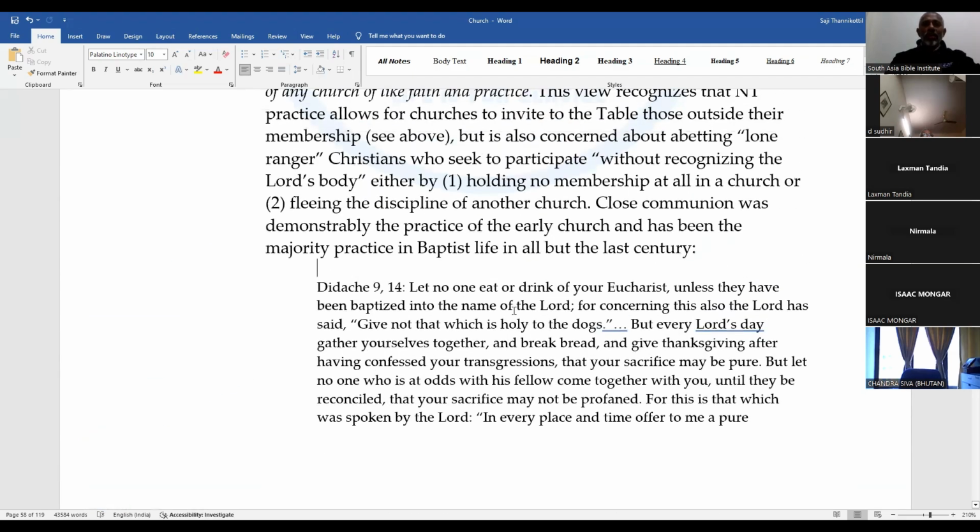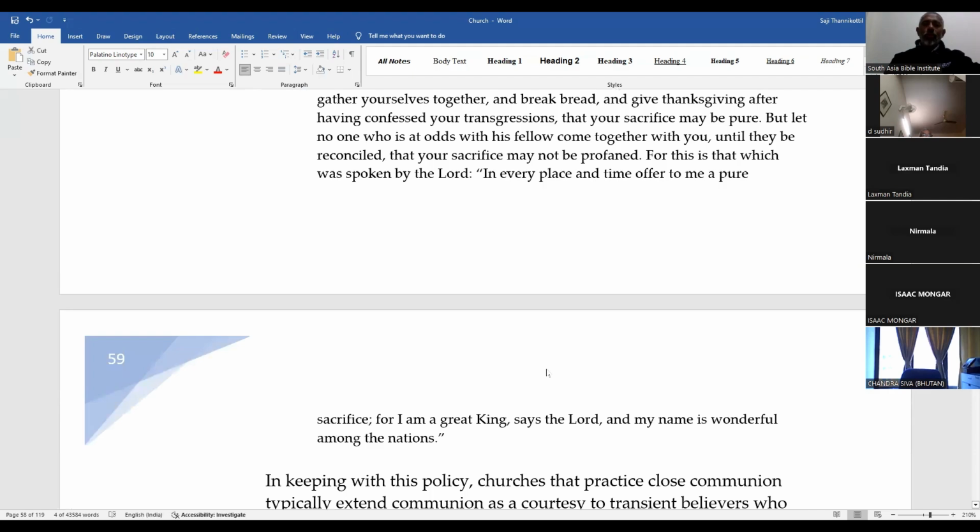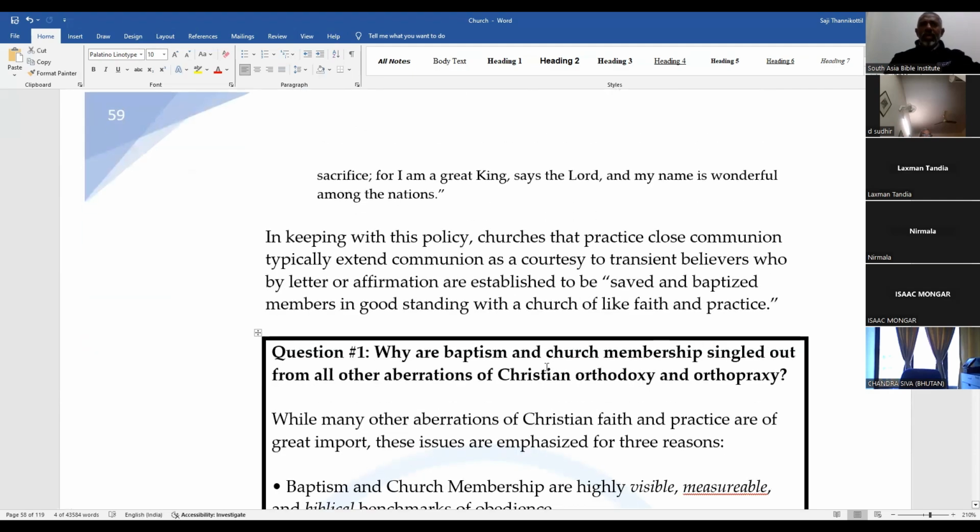So the Didache in the early church history, if you read the Didache, there you have the same thing being followed. So in keeping with this policy, churches that practice close communion typically extended communion as a courtesy to transient believers.